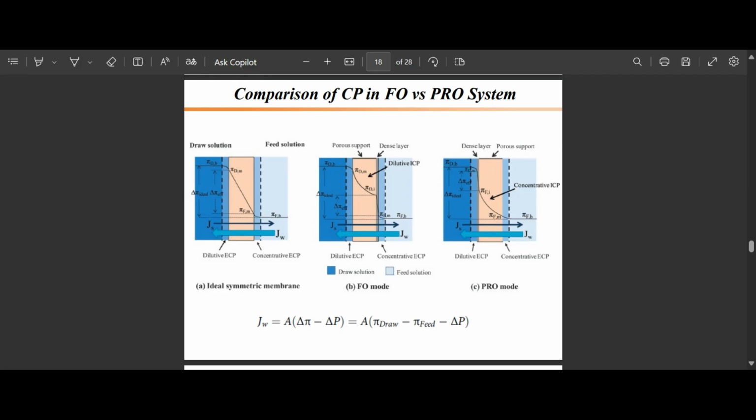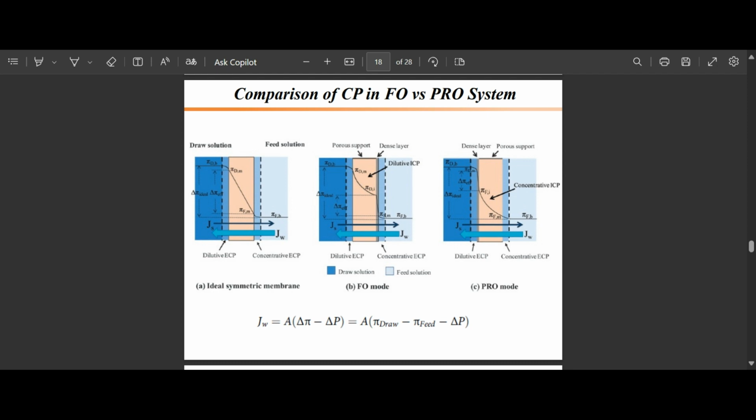Maybe the osmotic gradient level is like this, but we have reverse salt flux, JS. In the FO membrane case, to minimize this and the concentration polarization, we place this active layer here, facing the feed solution for FO mode.